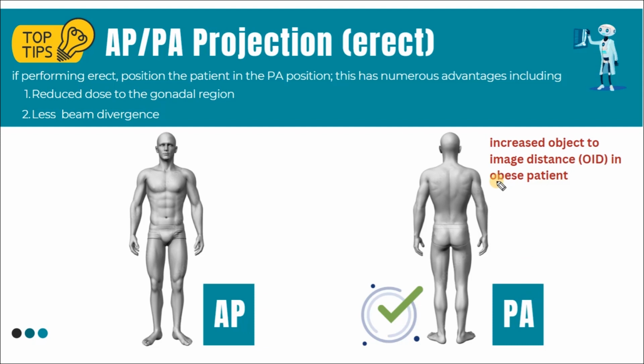Only in cases where the patient is obese and has a big stomach, which will cause the distance between the image receptor and the lumbar spine to increase, actually the OID will be increased, in these cases it's better to do the AP view. But for a normal patient who is not obese, it's better to do the PA view.